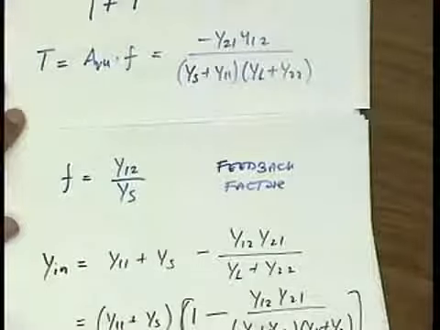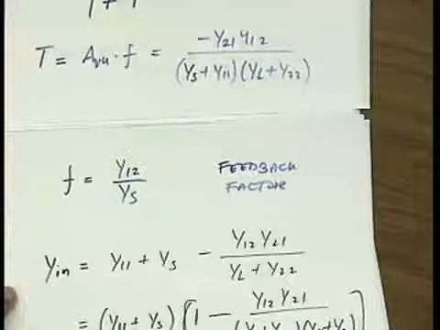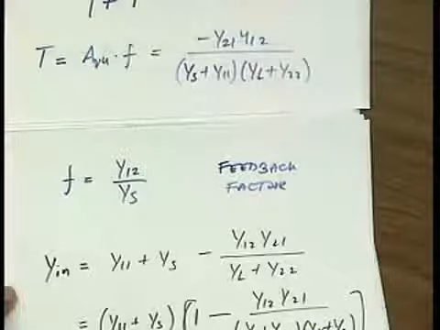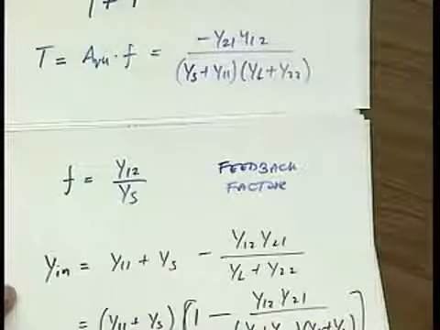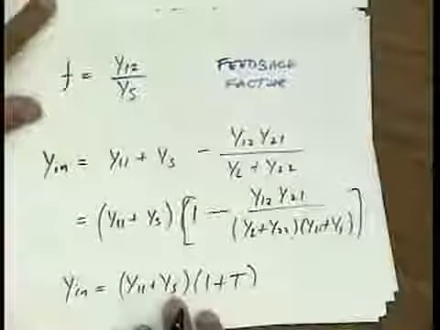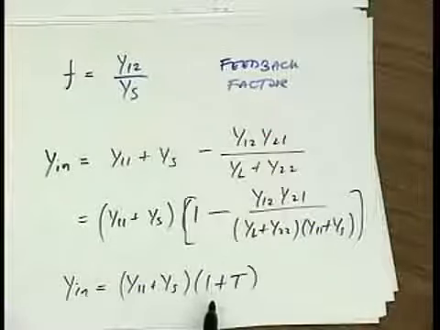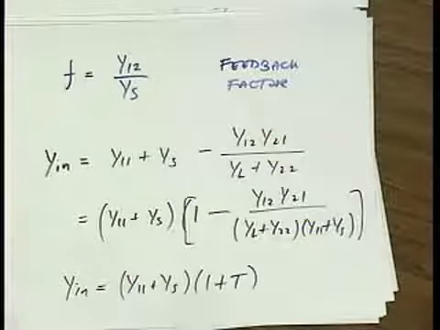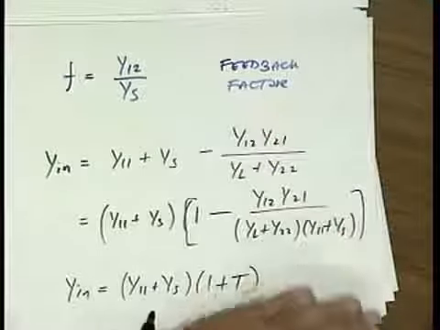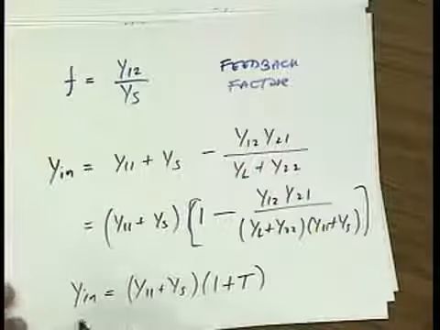And this expression here is actually equal to my loop gain. I've just shown that Yin is Y11 plus YS times 1 plus T. The action of the feedback is to increase the input admittance by a factor of 1 plus T. The input admittance without feedback is simply Y11 plus YS. Application of feedback raises the input admittance by the loop gain.